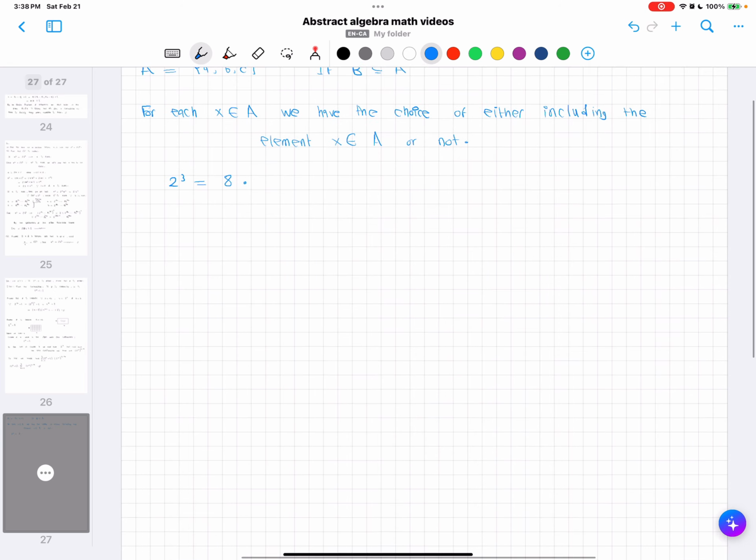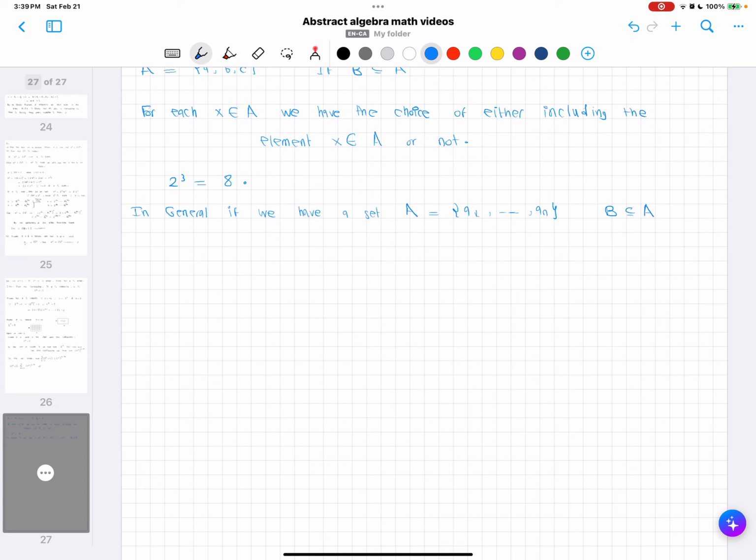So in general, if we have a set A with n elements, then the possible number of subsets we can construct for A can be found by asking how many possible elements we could construct for a specific subset.